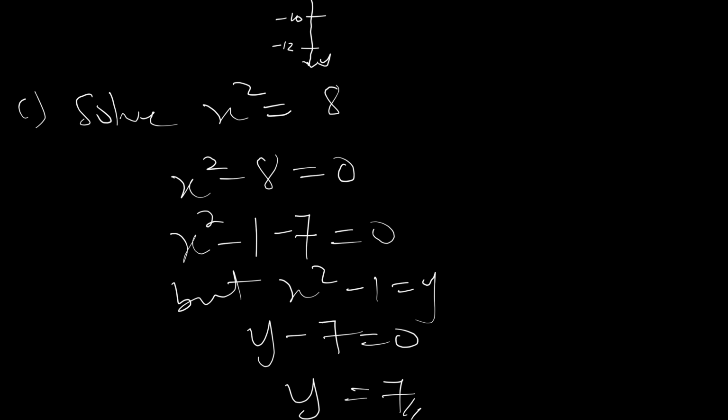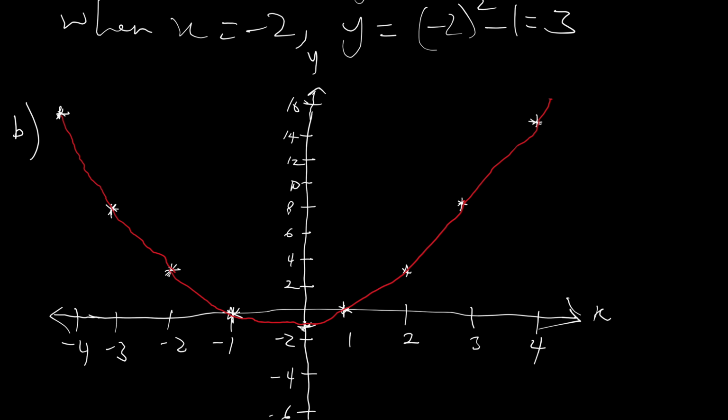Now we move to the graph, and we locate 7 on the y-axis. So 7 on the y-axis should be here. And we draw a line from y is equal to 7 to touch the curve. So we read the points of x for y is equal to 7, and this should be 2.8 and negative 2.8.